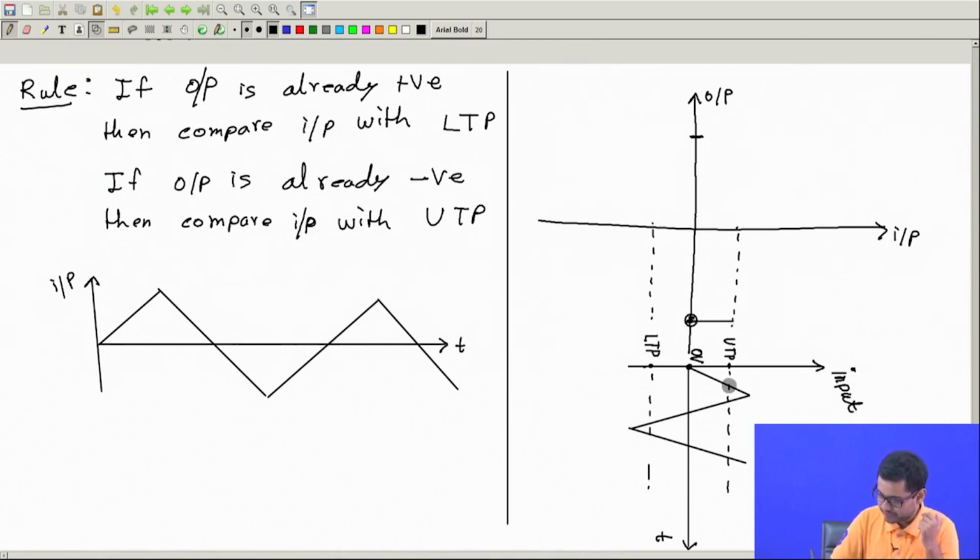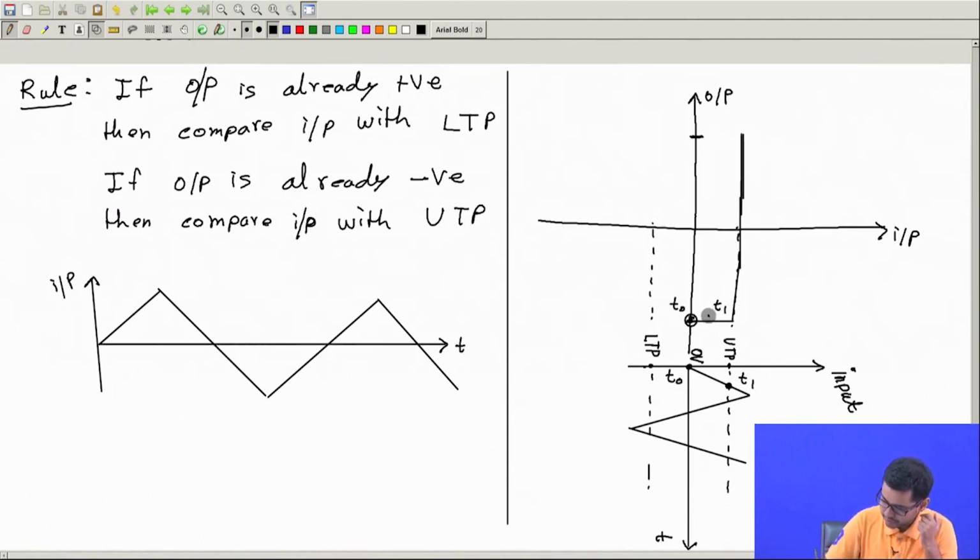Call this moment T1. At T1, input crosses the upper trigger point, so the output will become instantaneously positive. It will go from negative to positive immediately.